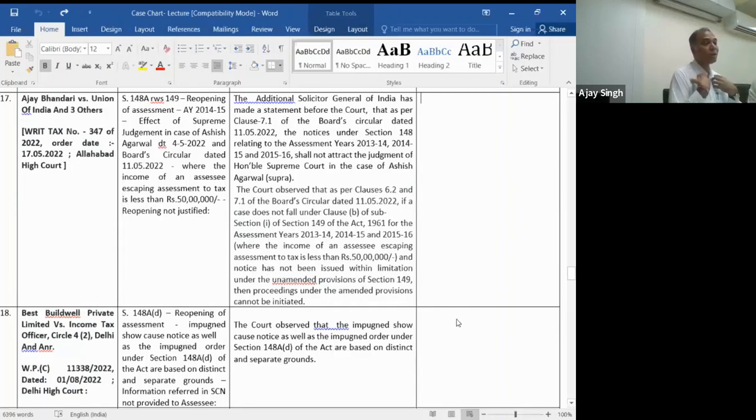All this information was never furnished to the petitioner. He also states that no GST information showing substantial routing of funds was furnished to the petitioner. In this context, the court observed that having heard the parties, the court is of the view that the impugned show cause notice as well as the impugned order under section 148D of the Act are based on distinct and separate grounds.